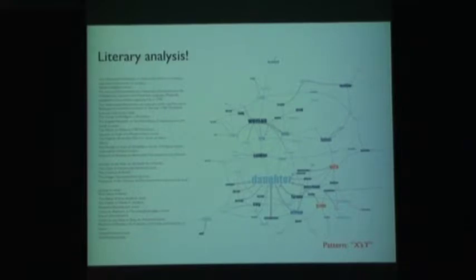This happens to be a visualization of a data set we got from a professor named Franco Moretti, a professor of English at Stanford. And he was really interested in looking at titles of novels going all the way back to the 1600s. And so he was interested in patterns like X's Y, okay?